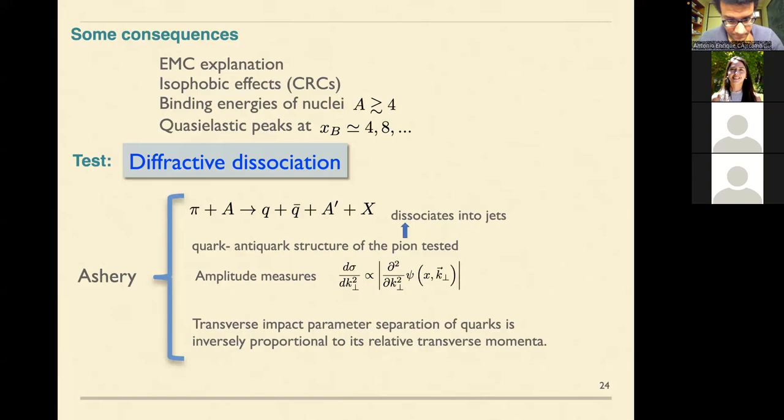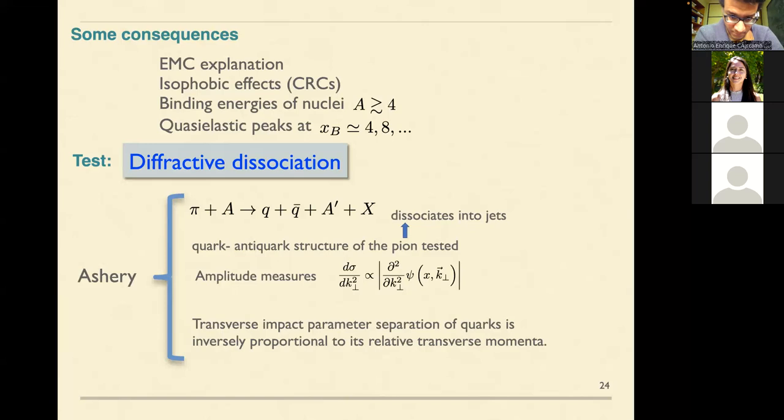I have a question about where you're showing the pion hitting the nucleus. This is diffractive, say. So you have a QQ bar, and then you have the same nucleus and X. Why would this give you some information on the wave function of the pion?